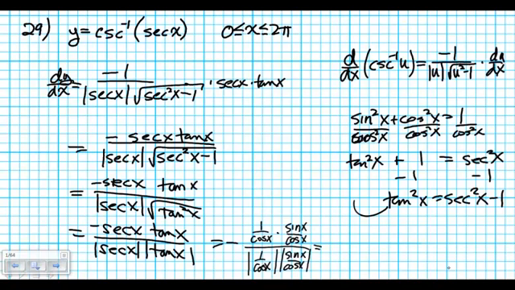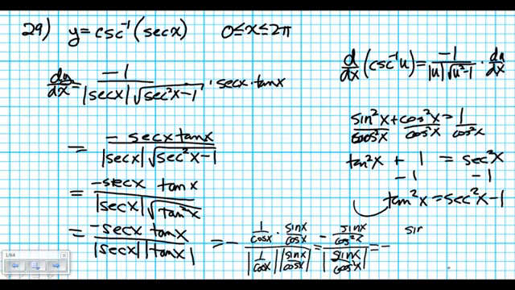Now, one more step we can deal with here. Negative sine over cosine squared, over the absolute value of sine over cosine squared. Wait, cosine squared is always positive. Can I pull that out of the absolute value?